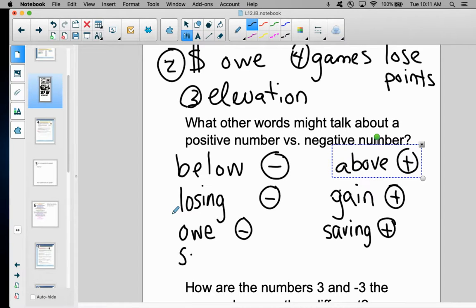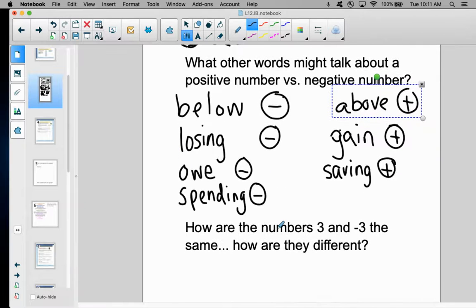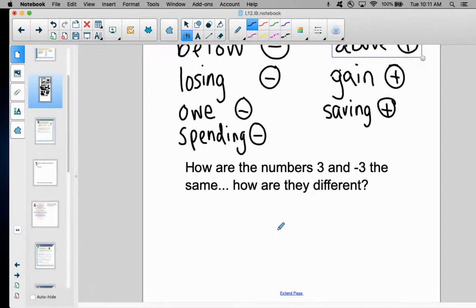So I'm going to put spending could be another negative keyword. And above and below. And we're going to be talking about other situations where you might see a keyword and have it be an indication of whether it's positive or negative as well. So remember when I was talking about the importance of understanding where numbers are in respect to zero?